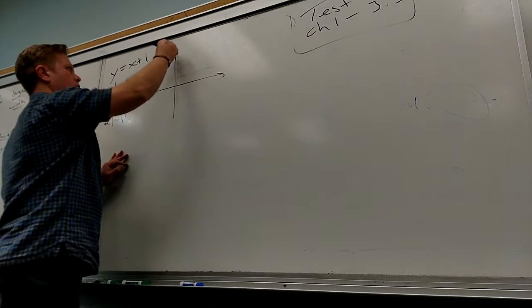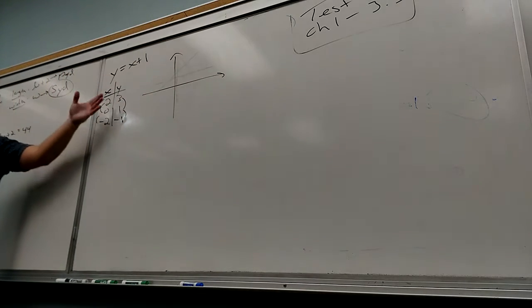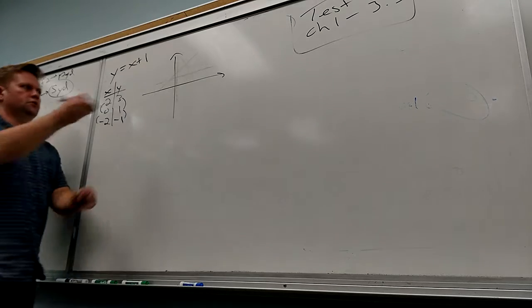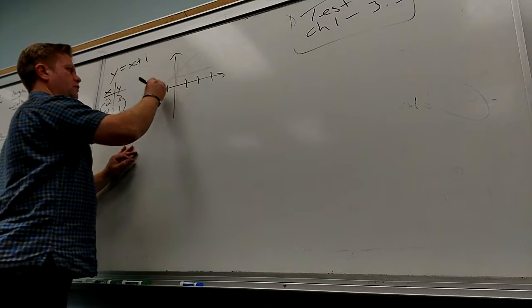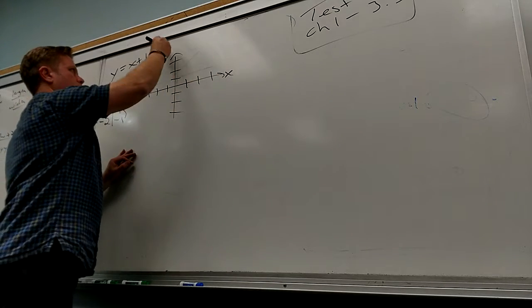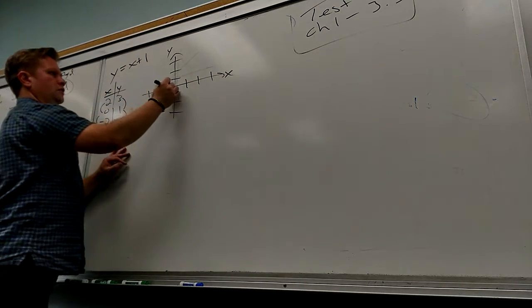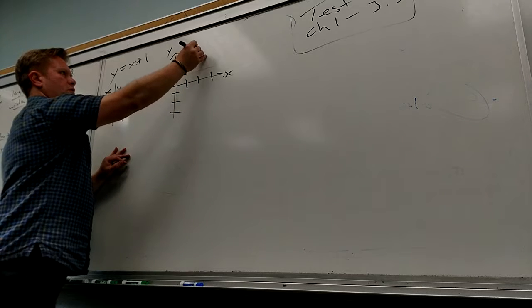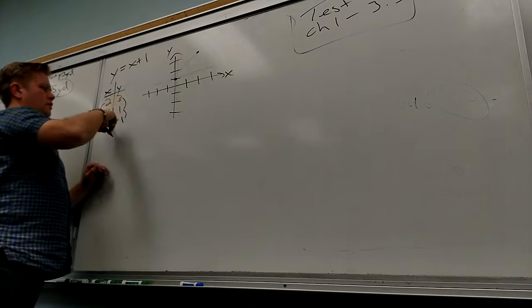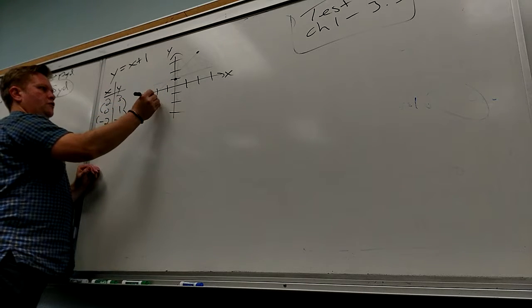But what kind of scale do I want to set up? These are nice numbers. Nobody's 30 or 78. So I can just do 1, 2, 3. Then I got the points 2, 3; 0, 1; and -2, -1.